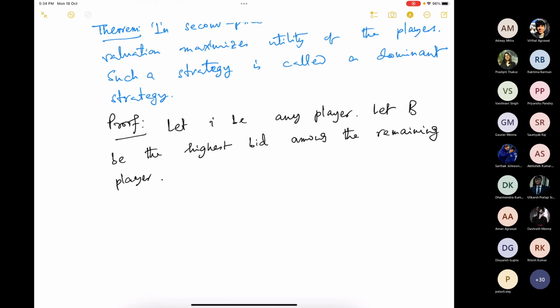And let Bi be the bid of i. We will show that setting Bi equal to Vi maximizes the utility of the player i.